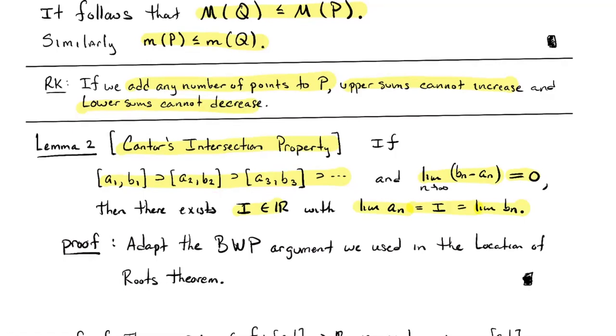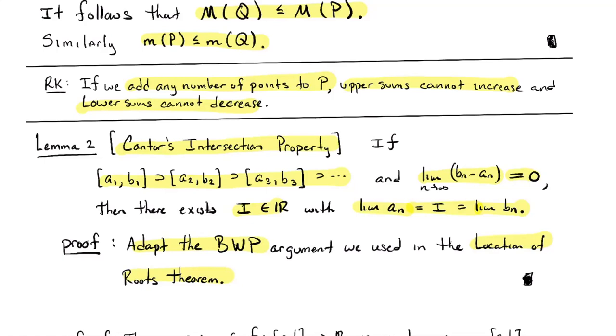I'm not going to include a detailed proof of that here in this video. It'll get way too long. But you can go back and modify the Bolzano-Weierstrass argument that we gave in our location of roots theorem. That's an alternate proof. In fact, the proof of the location of roots theorem in our text basically uses this Cantor intersection property.